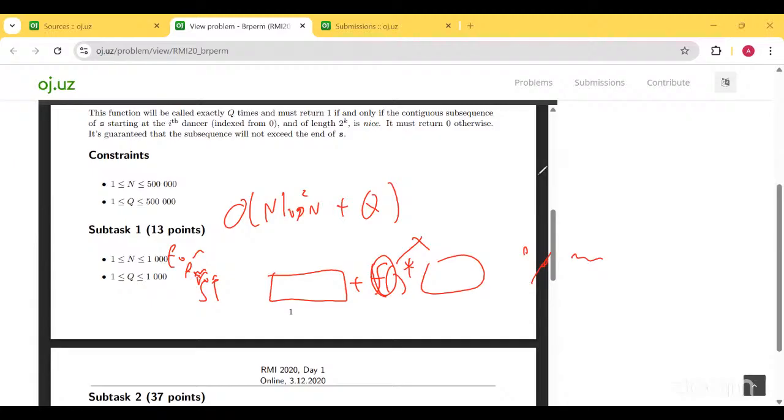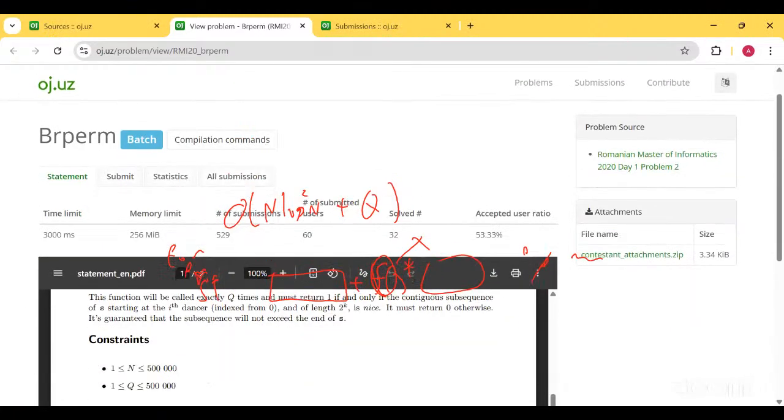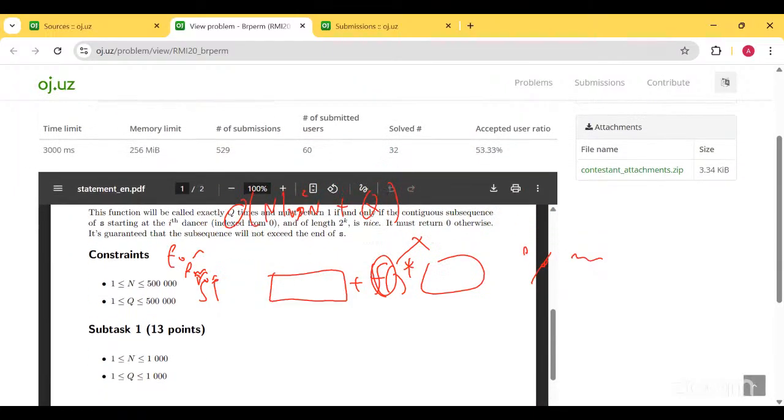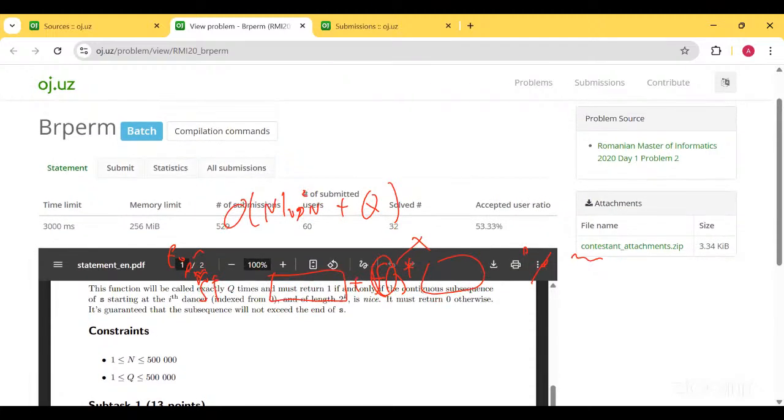Wait, memory. Okay, how about the memory? Is there any problem with the memory?